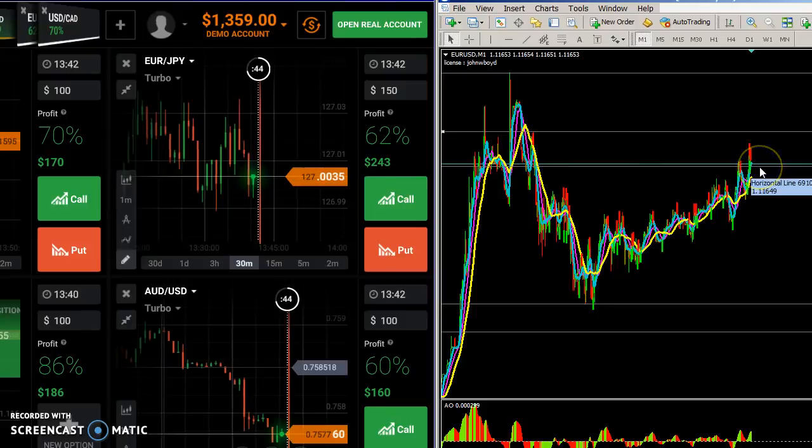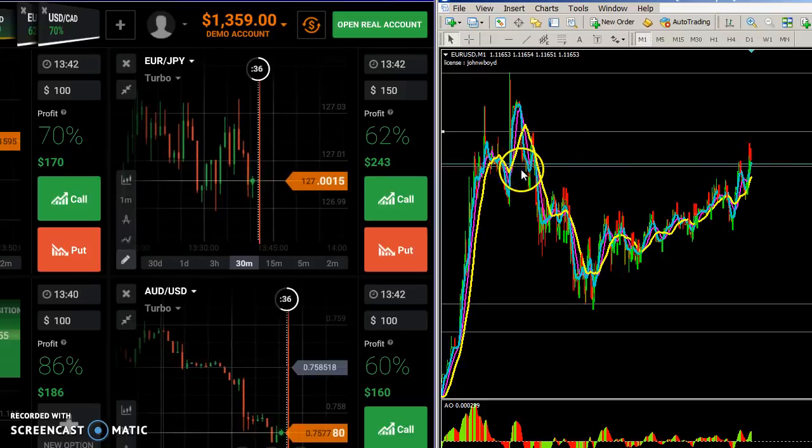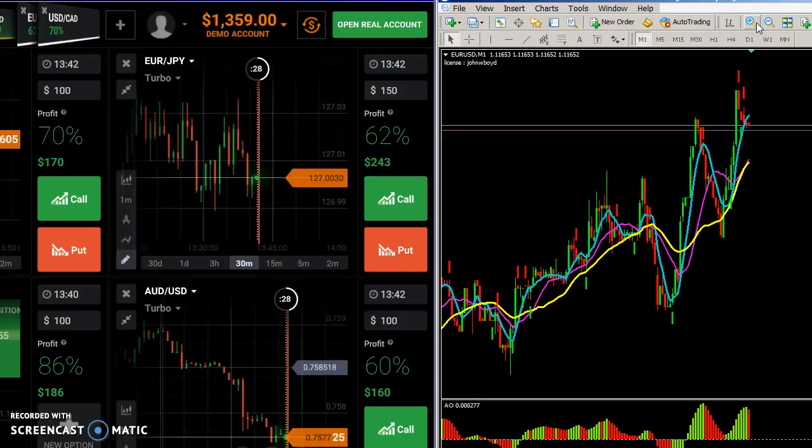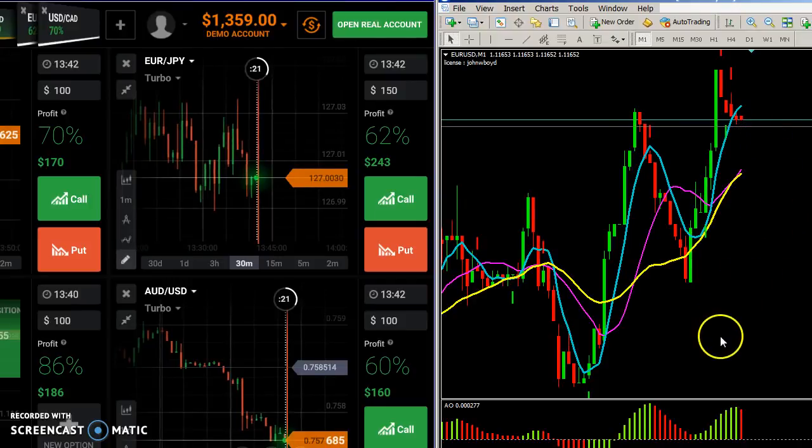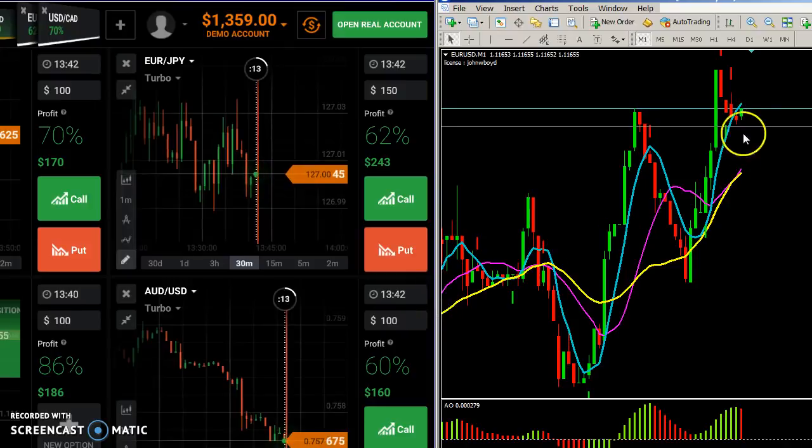It did already break this resistance level. Yep, it's going up. So I made the right call to hold out on that one.